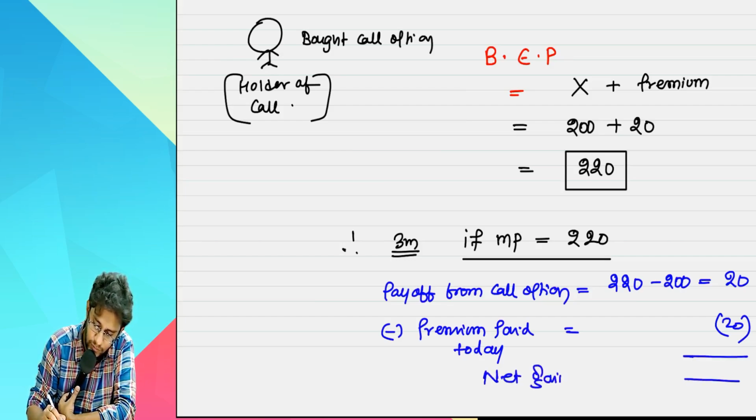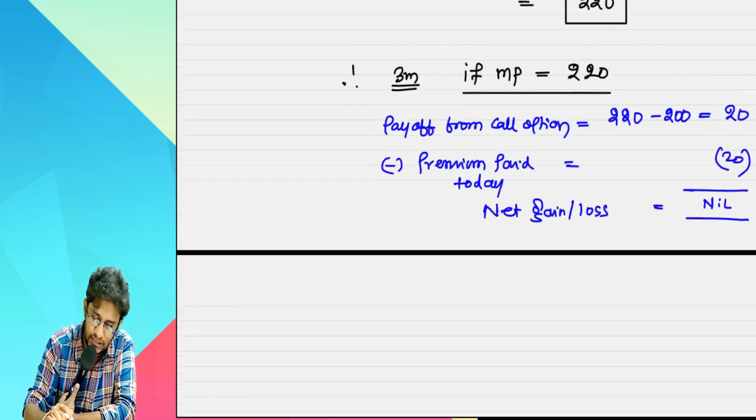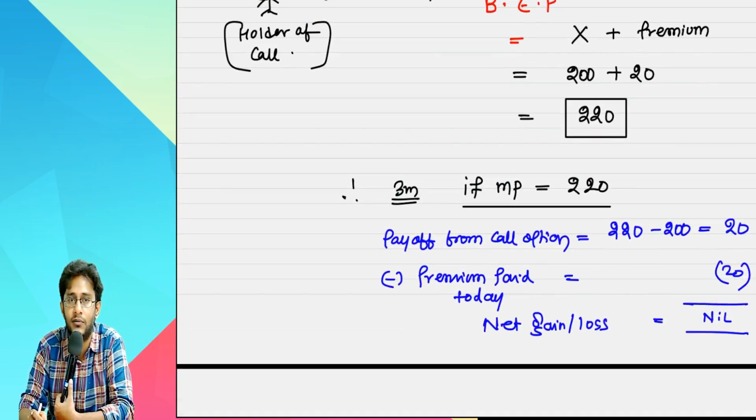So the net payoff, or you can call it net gain or loss, is equal to nil. Tell me, sir, is he happier, sadder, or no feeling? Sad.